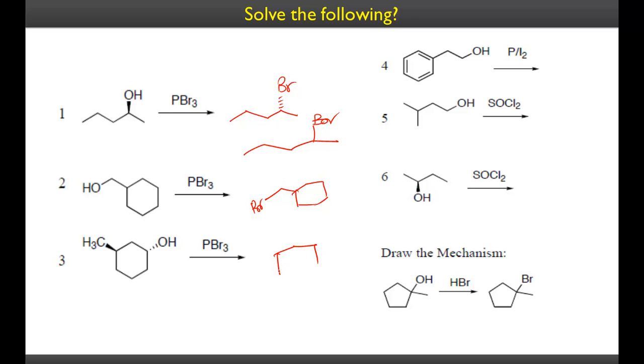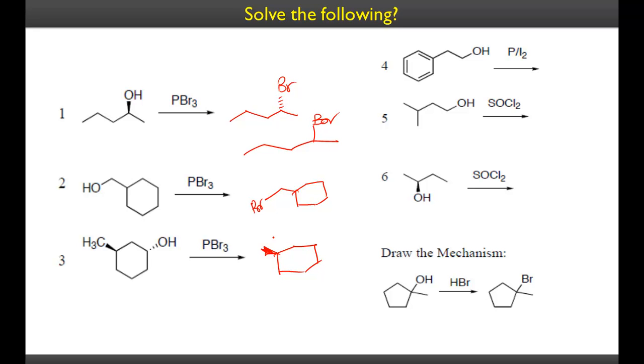When you have chiral centers, you have to pay attention. For example, this has two chiral centers. We are not touching anything on this chiral center. It stays safely because there is no reaction happening there. The whole reaction is happening on this hydroxy group with PBr3. So the first step is inversion of the stereochemistry in the first attack.